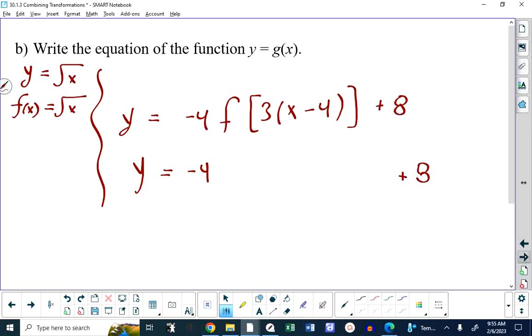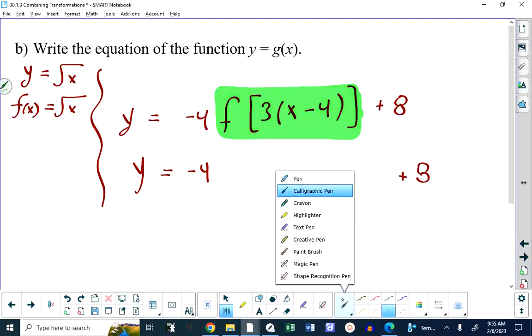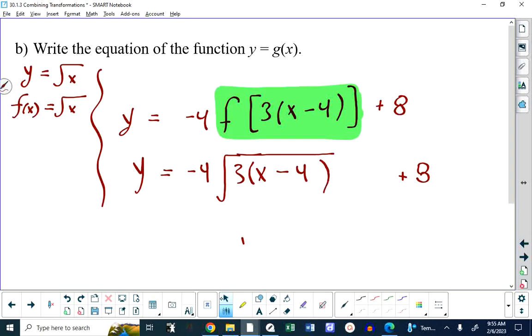This whole thing means the square root of 3 times x minus 4. Right? That f is the square root.